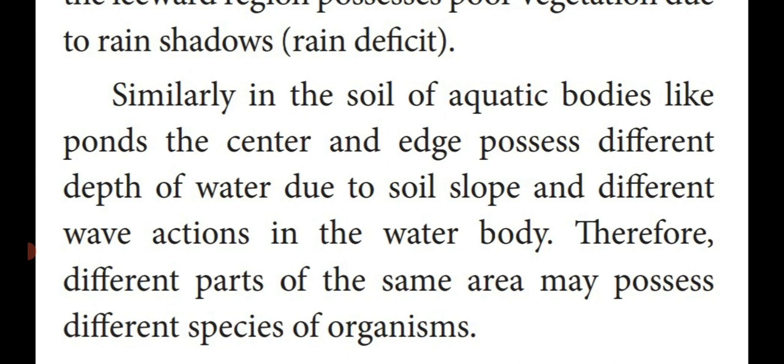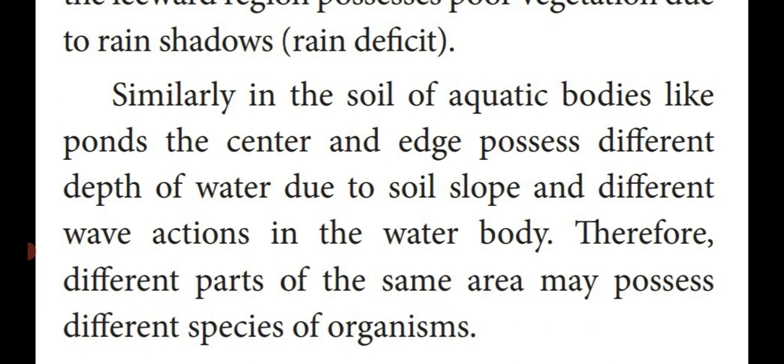In some of the soil of the mountain region, a nearby lake or pond is there. In the soil of aquatic bodies like a pond, the center region and the edge, that means the margin, possess different depths of water due to soil slope and different wave action in the water body.